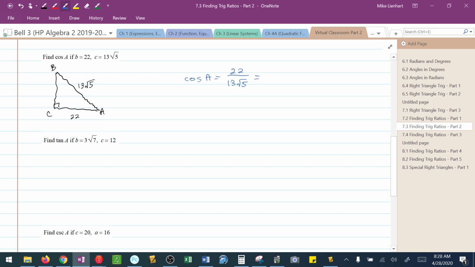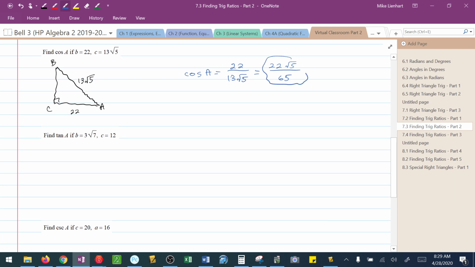So this is going to become 22 radical 5 over 13 times the square root of 25, which would be 13 times 5, and 13 times 5 is 65. 22 and 65, I can't cancel. There's my final answer.